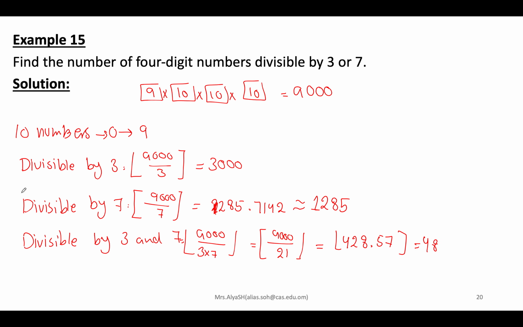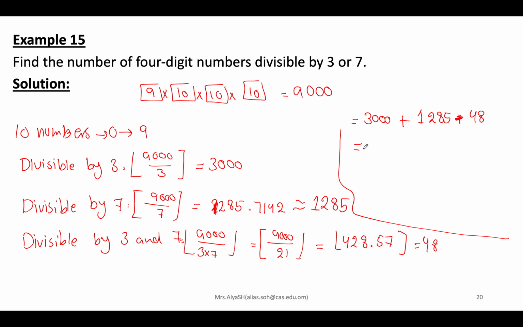Now to find how many numbers are divisible by 3 or 7, I need to take those divisible by 3, which are 3,000, plus those divisible by 7, which are 1,285, and minus those divisible by 3 and 7, which are 428.